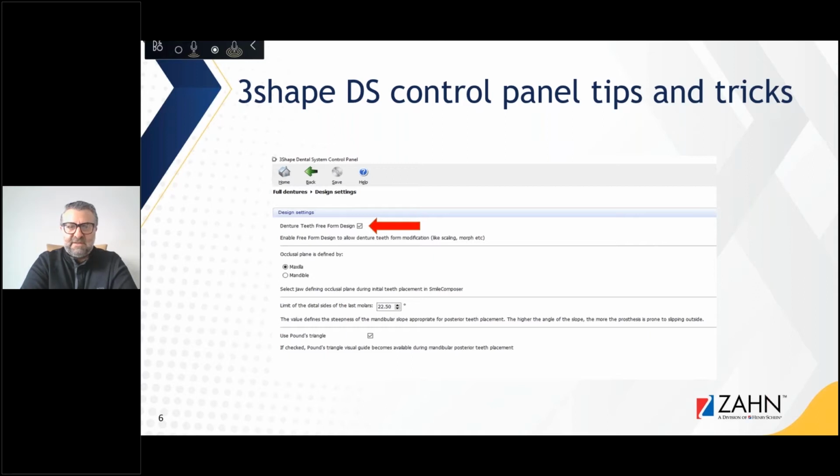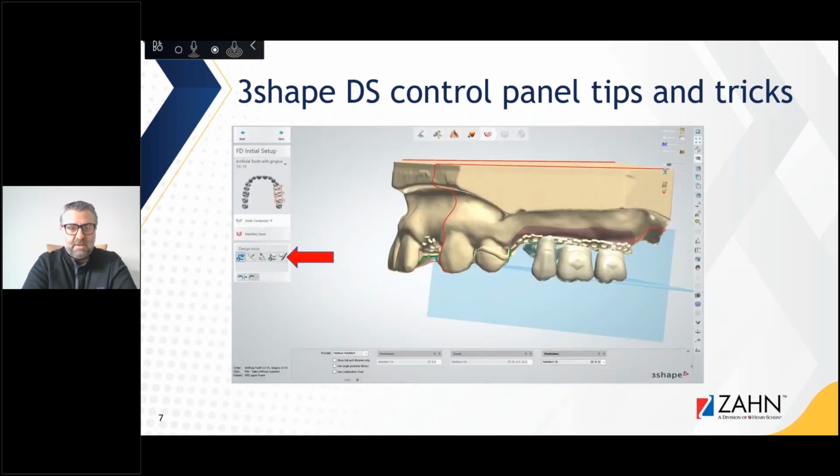For this specific case, I actually activated this denture teeth freeform in order to have access for morphing, adding, reducing, and smoothing materials during my case design. This is an example of when it's enabled. You will have this small icon that you see on the left available in order to get those handles as well as tools to modify your denture teeth.